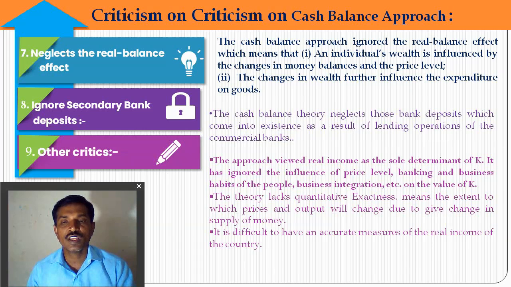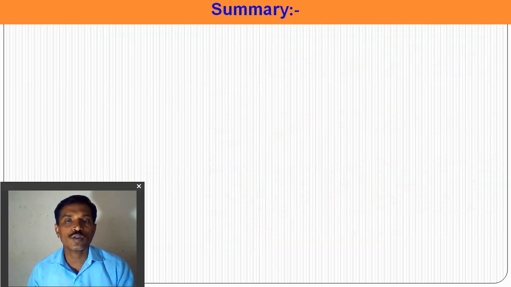The theory lacks quantitative exactness, meaning the extent to which price and output will change due to a given change in the supply of money. When the supply of money changes, what is the change in price? It is not explained in the theory. It is also difficult to have accurate measures of the real income of the country. So it is a demand-for-money-side theory, according to economists.